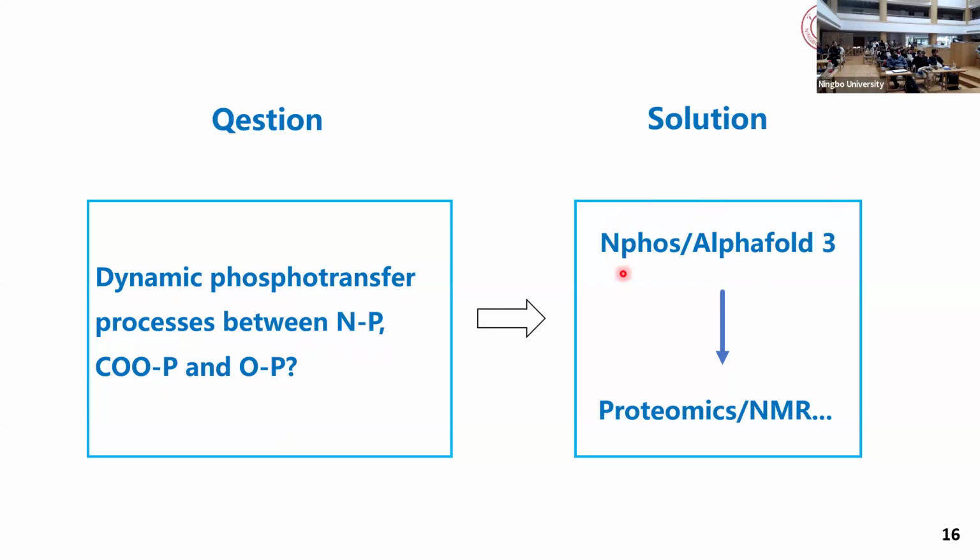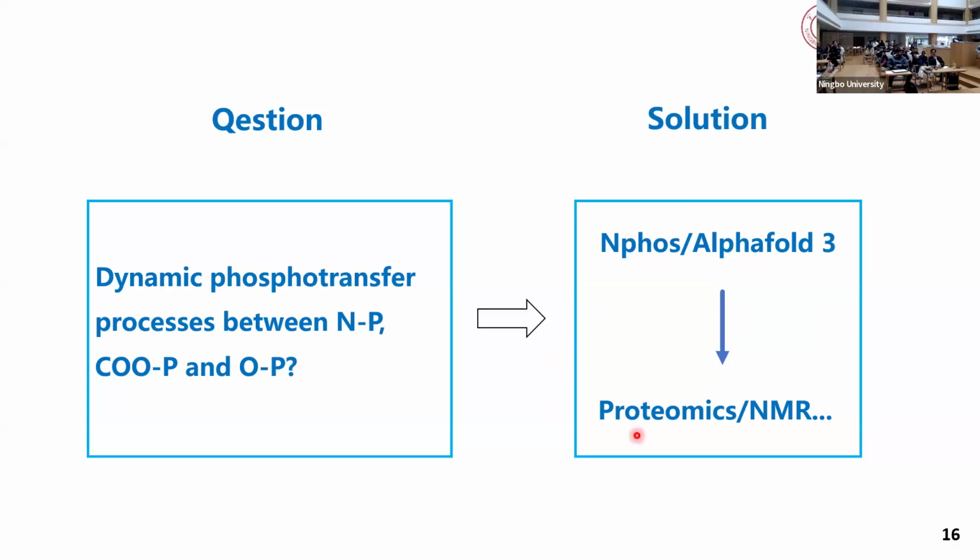That is, from the nitrogen phosphorylation database and AI tools, AlphaFold3, to give us a broad overview, mining the data of such PTMs.